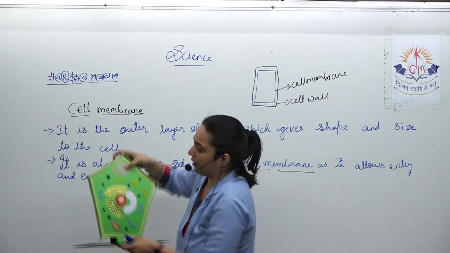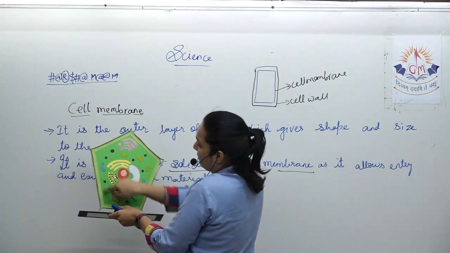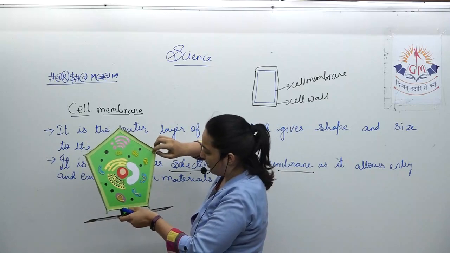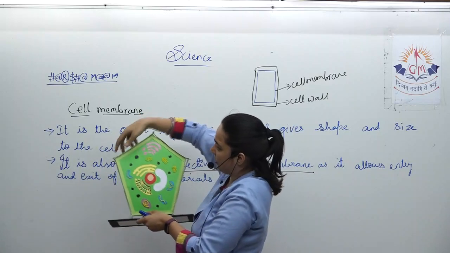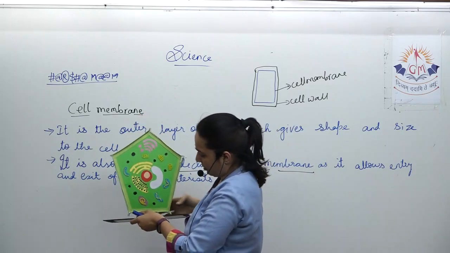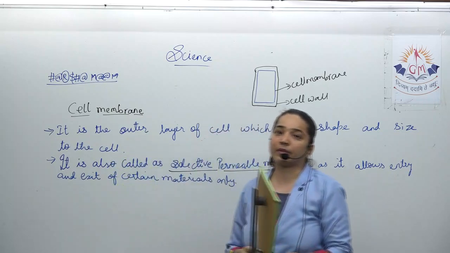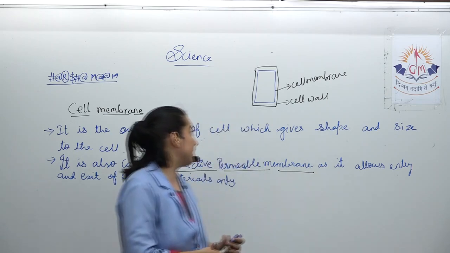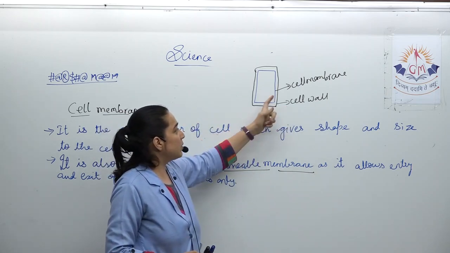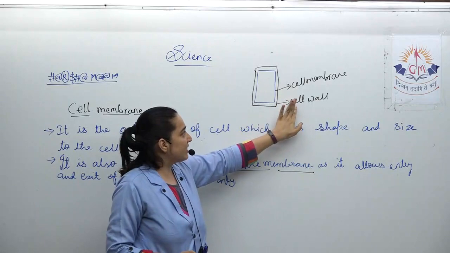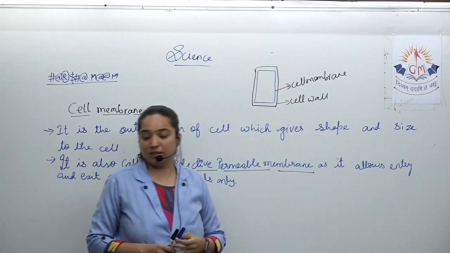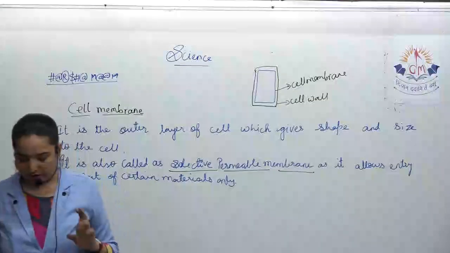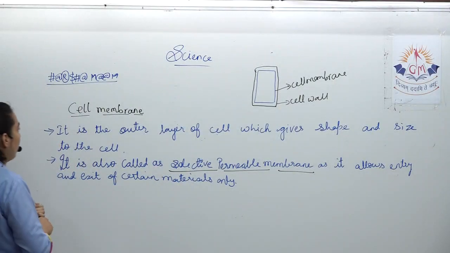As you can see over here, there is one outside layer, that is cell wall. This extra layer which you can see over here at these edges, that is cell wall. Where is cell wall present now? You can see the cell wall is present just exactly behind this cell membrane. So the outer surrounding of the cell membrane is cell wall.